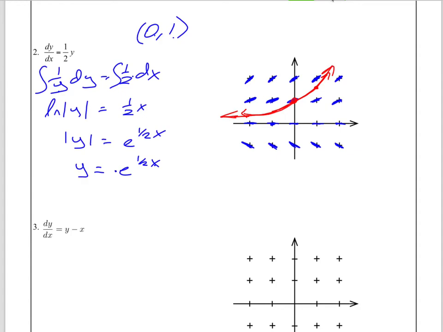We were wanting the x value of 1, so we're looking at e to the 1/2. So e to the 0.5 gives me the actual value, 1.648. Oh, we were fairly close. Good job.